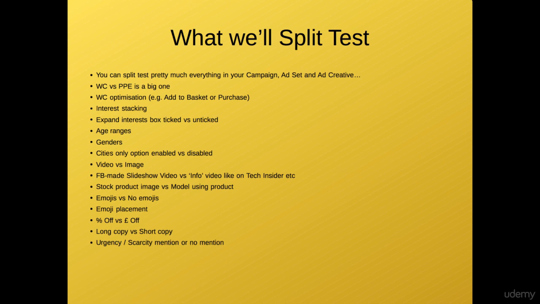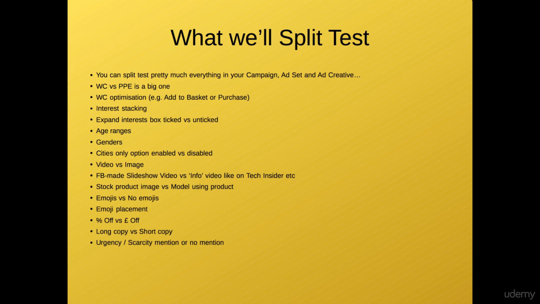That's quite interesting. Age ranges I've talked about, genders. You split test males and females, who generates you the most profit. Cities only option, enabled versus disabled. So in the locations area in the ad set, you can select, I've shown you this before, whether to target cities only or not. So you can split test that.